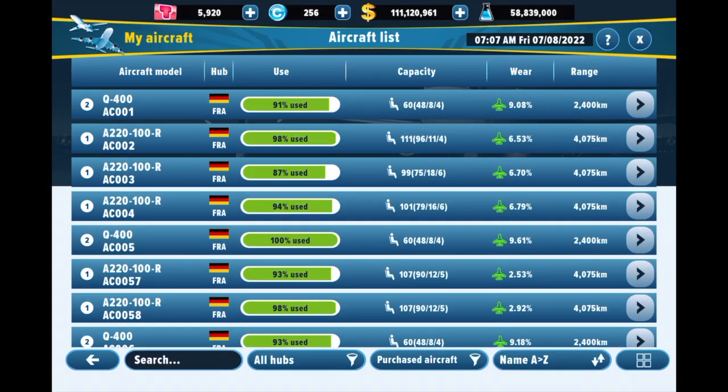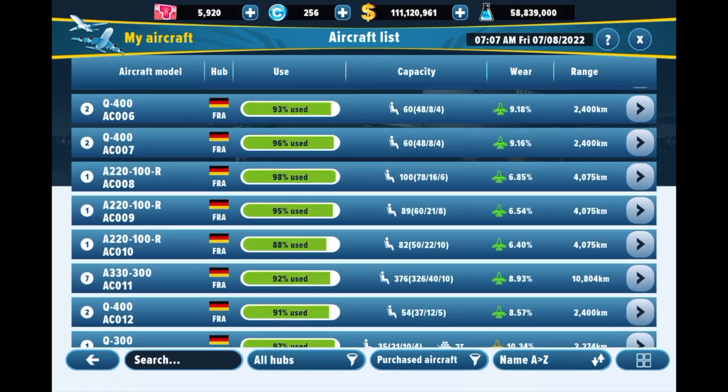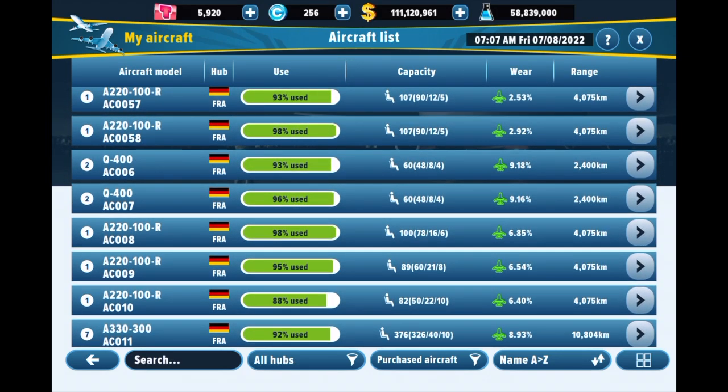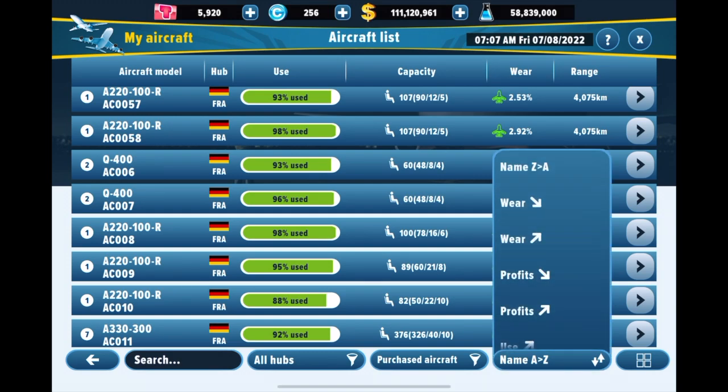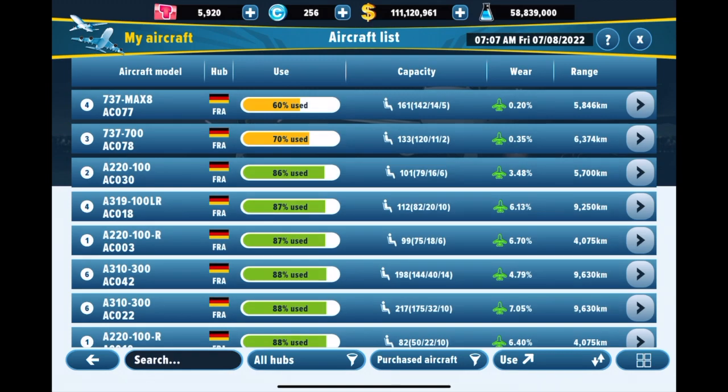This is also a good view. Most of the aircrafts are 85% plus. Let me arrange it by use. So the top two aircraft, 78 and 77, I just bought yesterday and I'm yet to schedule them.